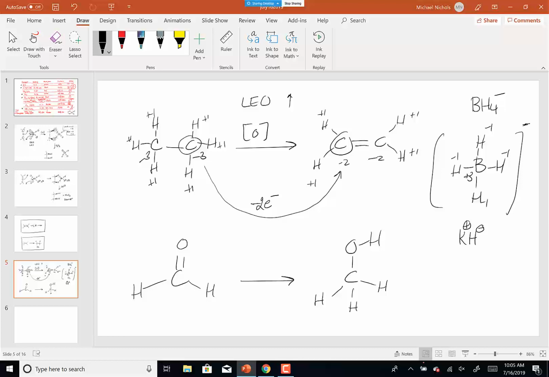Oxygen -2 for which one? Which carbon? 0. I'm not writing anything. What's the carbon in the carbonyl?